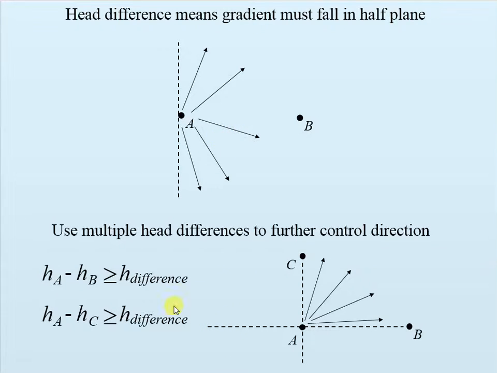It is possible to use multiple head difference constraints as indicated here, where we have 3 points, A, B, and C, where we are imposing constraints. And as you can see, if we satisfy both of those simultaneously, we limit the range of possible directions for the flow.